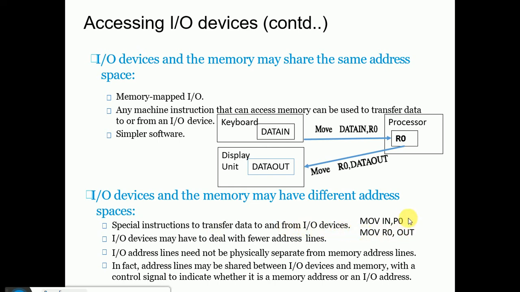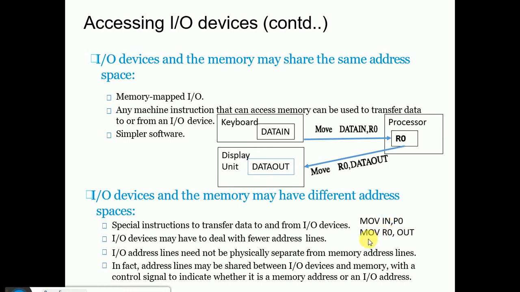For example, if I have MOV IN, port P0, where P0 is port 0, which has some of the pins of the microprocessor or microcontroller, this data will be transferred to a register. So basically the IN register is there, and the data will be transferred to it.